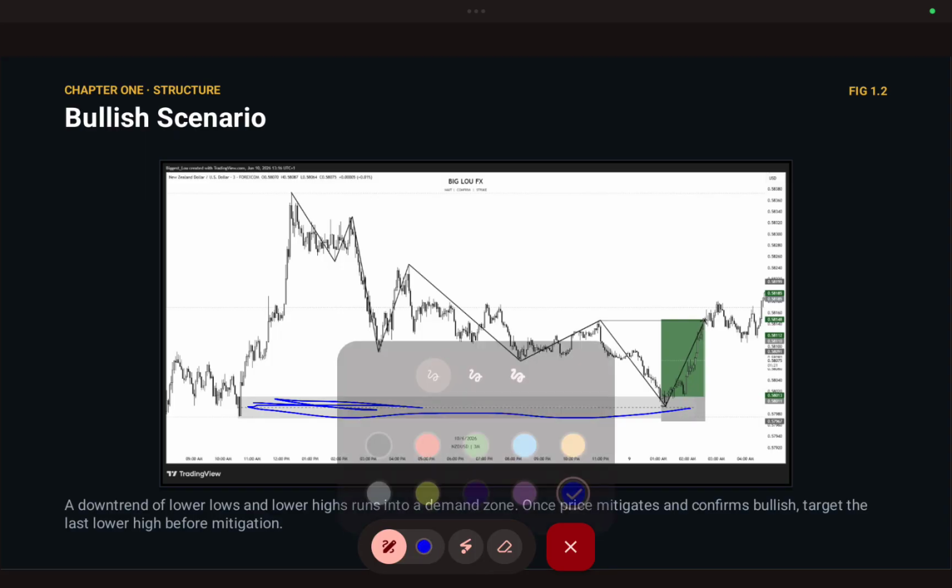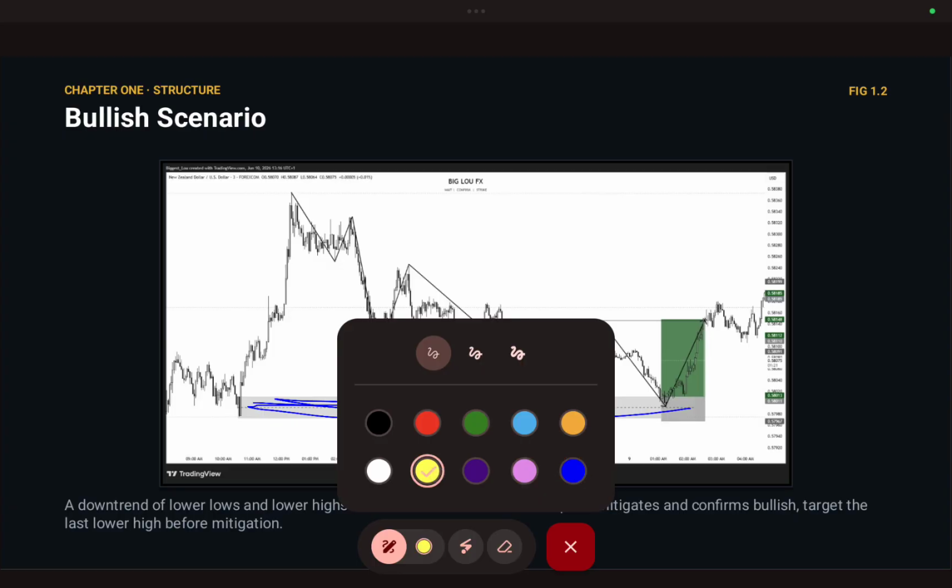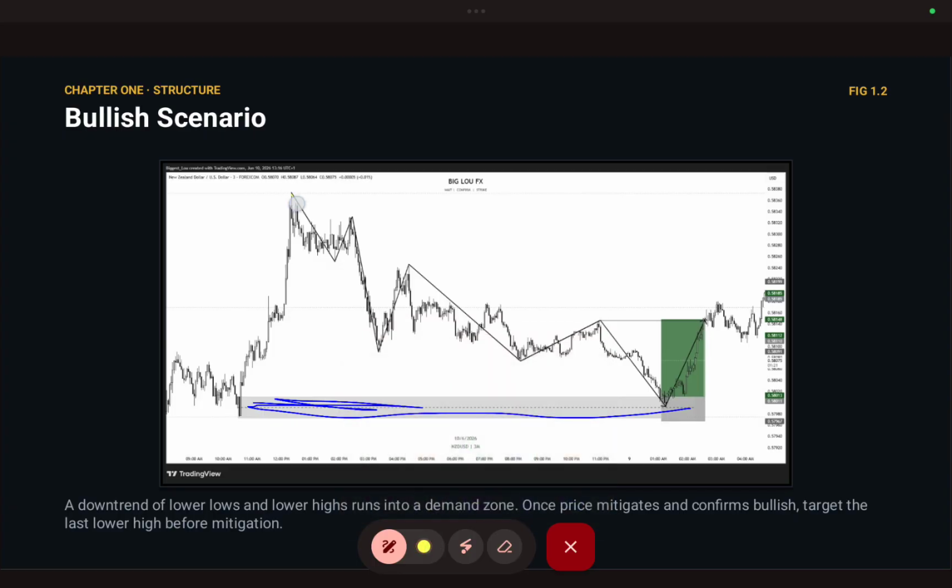Now in the bearish trend, we had a series of something like this, and then it mitigated. What is the next thing it did? It has to buy back up to clear at least this structural high, which was what it did.